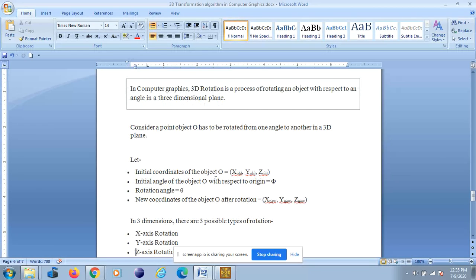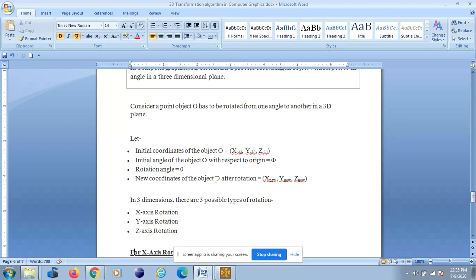In three dimensions there are three possible types of rotation: x-axis rotation, y-axis rotation, and z-axis rotation. After giving the rotation angle, there will be three possible cases.